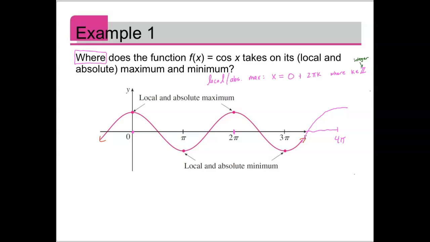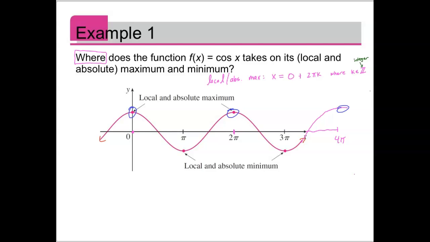So k could be 1, and then I would get x equals 2 pi, and that gives me this local maximum. K could be 2, I would get 2 pi times 2, and that would be 4 pi.